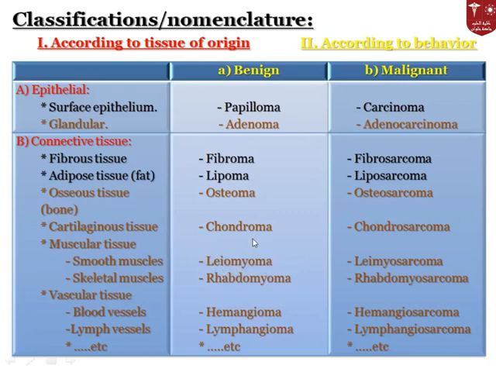Leio, smooth, myo, muscle, oma, mass of smooth muscles. So leiomyoma, a benign tumor arising from smooth muscles. But what about skeletal muscles? Rhabdo in Latin means striated muscle. Myo, muscle, oma, swelling. So rhabdomyoma is the swelling or mass of the muscle that is striated, which is a skeletal muscle. Okay?